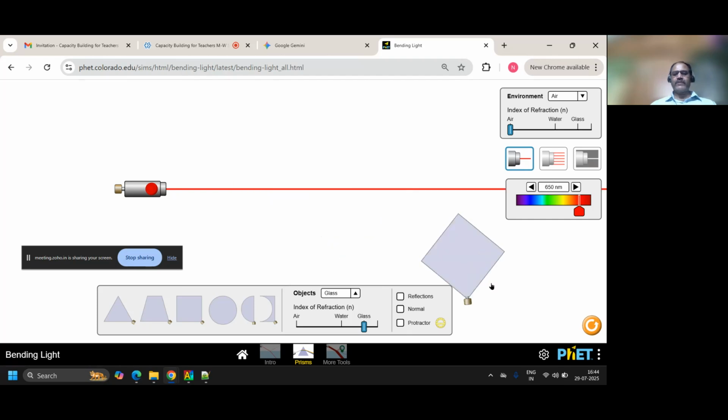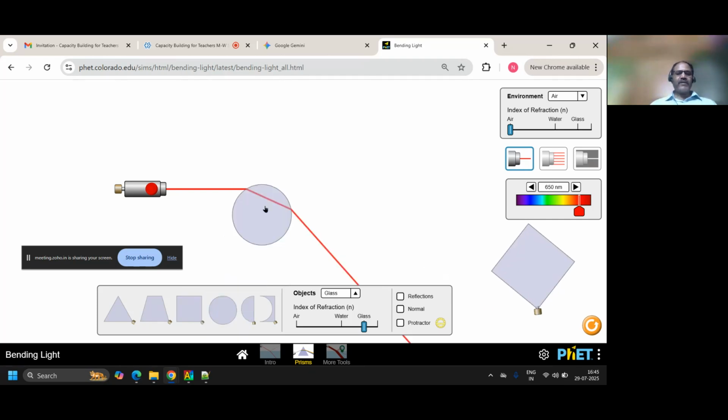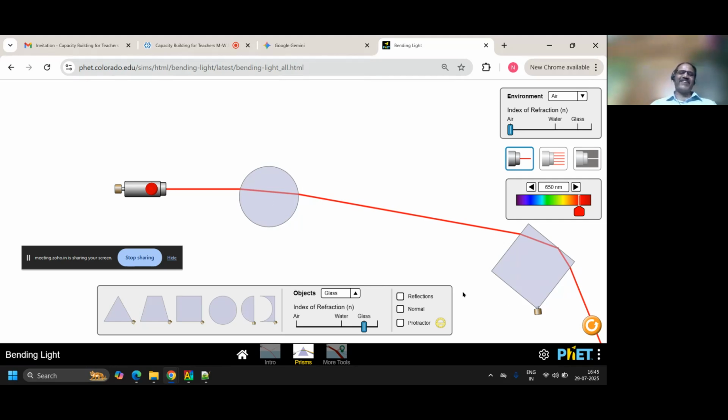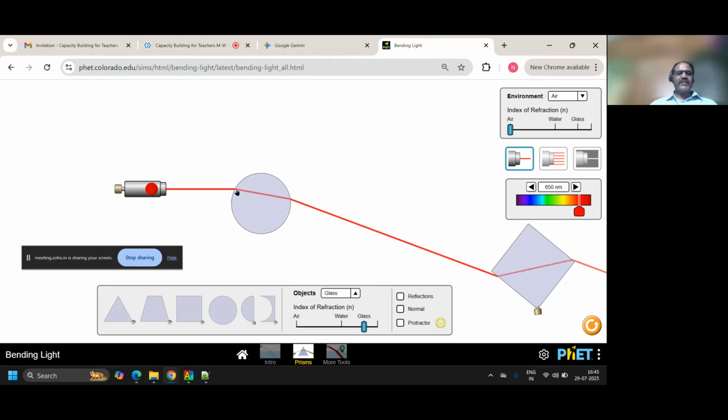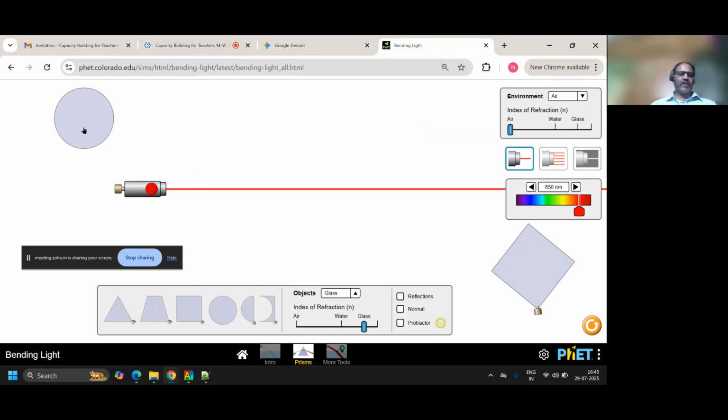Now I remove this, I take a globe like this. If I put a globe like this, oh sorry, the light goes through this also, incidentally. Now it changes. It is refracted like this, in a globular or spherical model.